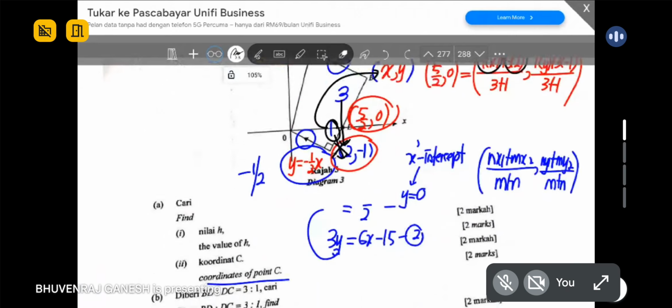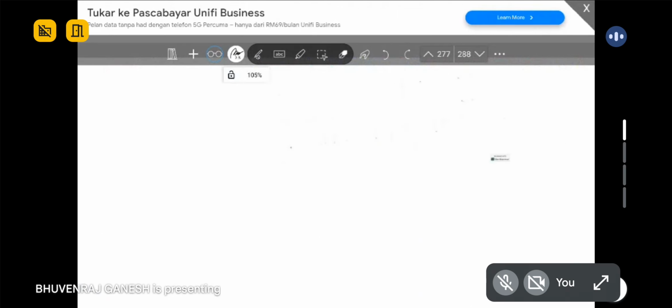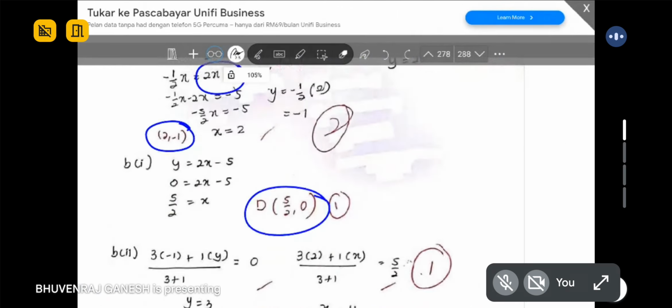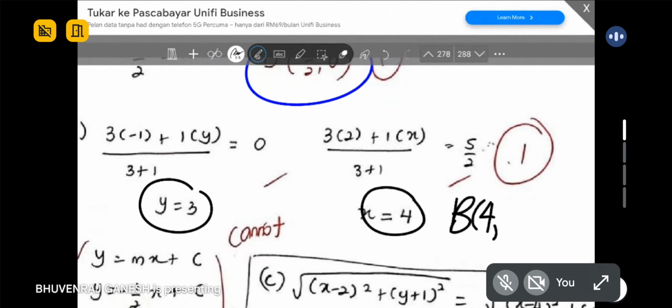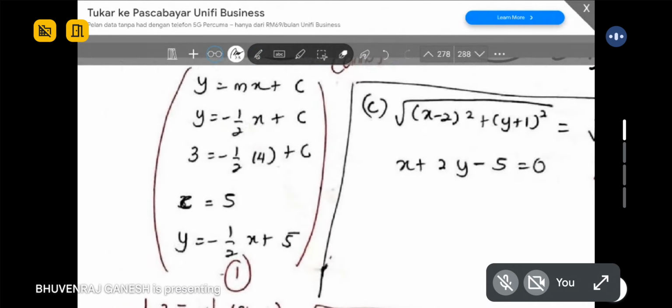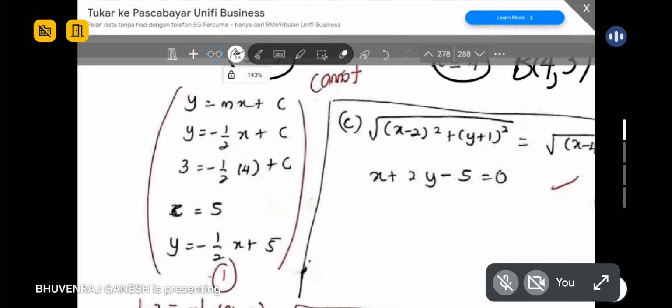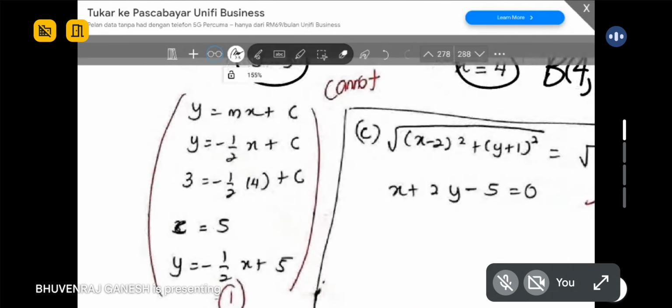Okay, so this is how you use the formula. And then, if you guys see the working, you will get 4 and 3. So the coordinate of B is actually 4, 3. Am I right? So, you guys can form the equation. Just use y equal to mx plus c. You find the c value. Cari nilai c. Okay, x is 4, y is 3.